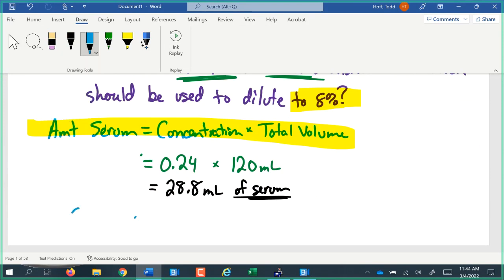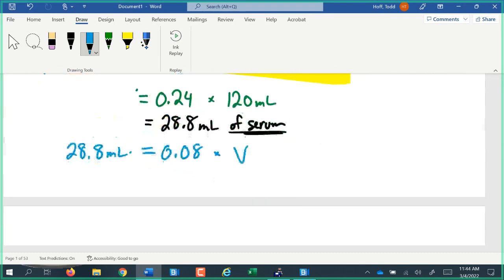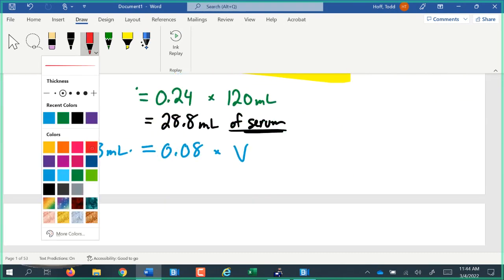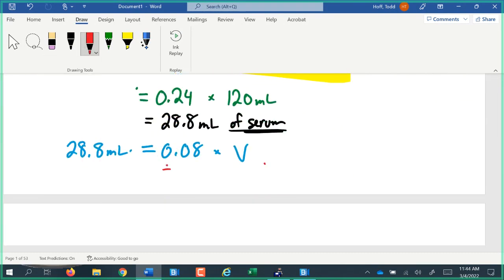So the amount of serum is going to stay at 28.8 milliliters. We want to change that to 8%, 0.08, and we're going to find our new total volume. I'm just going to call that capital V for volume. And to solve this, of course, we're just going to divide by 0.08.